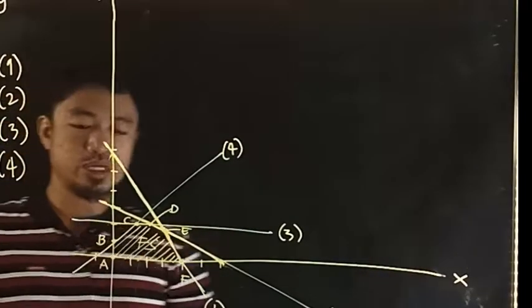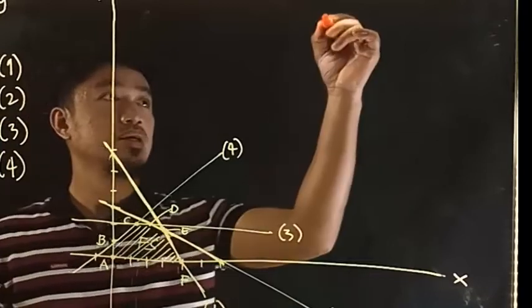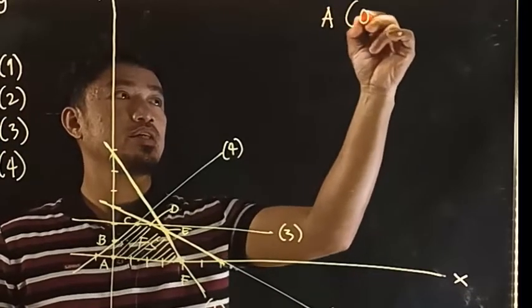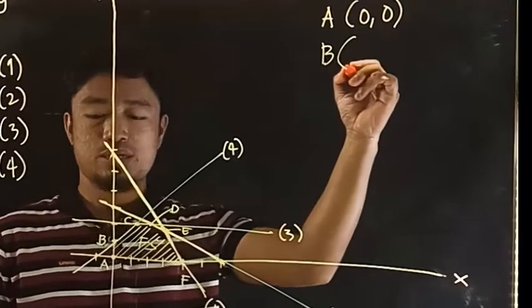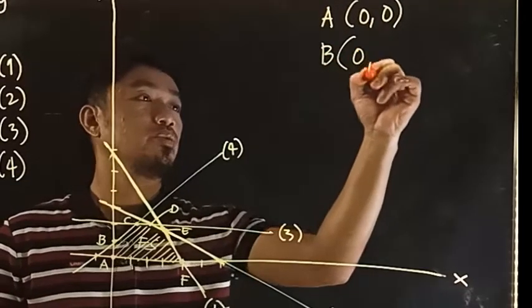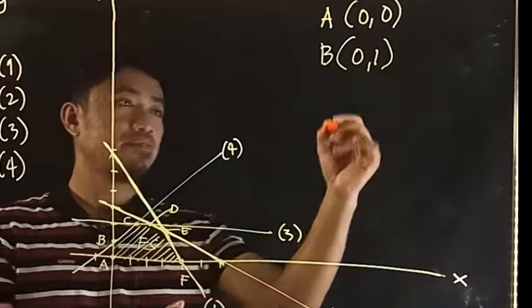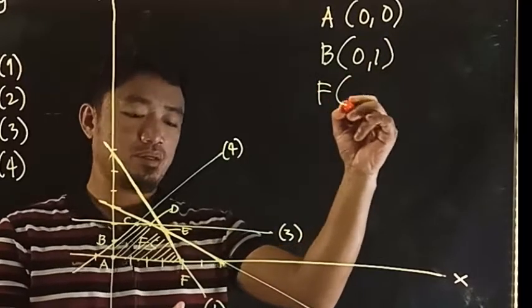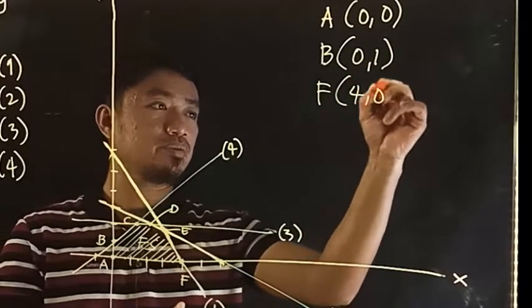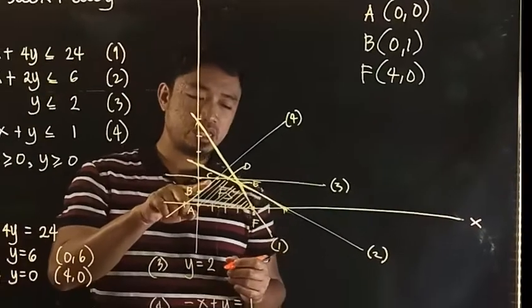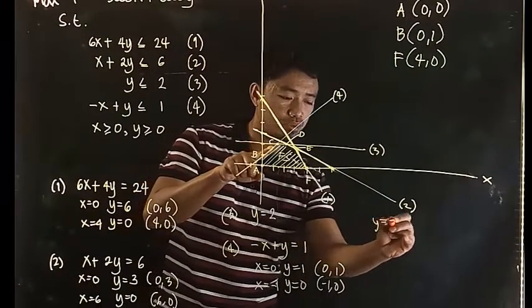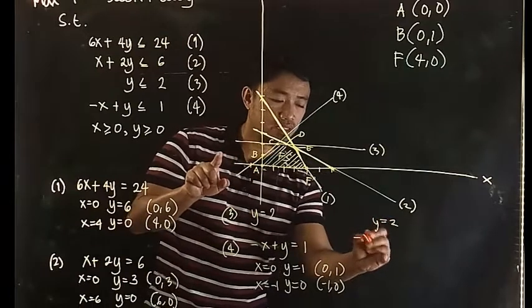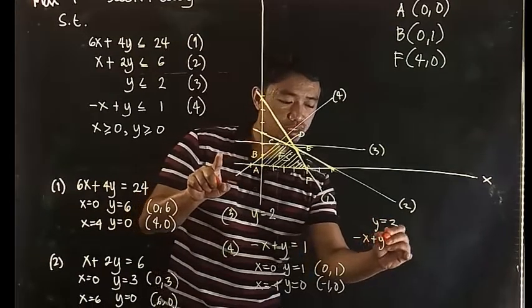The obvious ones are A, which is at the origin, B at (0, 1), and F at (4, 0). Point C is an intersection of y equals 2 and negative x plus y equals 1.